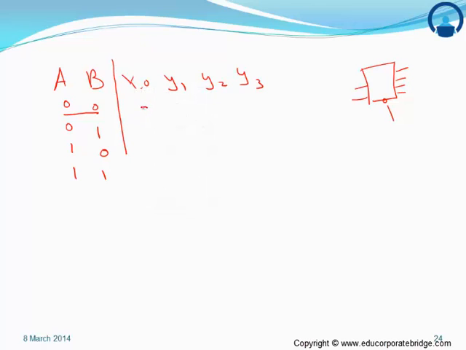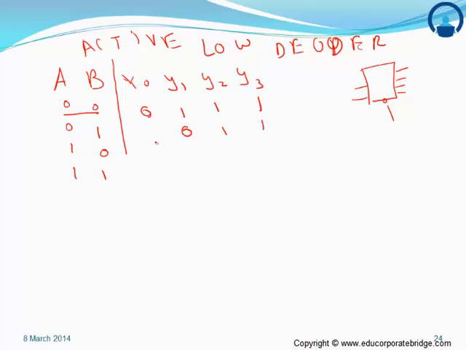We write 0 for the selected pin in case of an active low decoder, and the rest are 1. Similarly, here 1 is selected, so Y1 will have 0, rest all 1. Now here 2, therefore Y2 is selected, rest all are 1. And the last case is Y3, therefore Y3 will have 0, rest all 1.